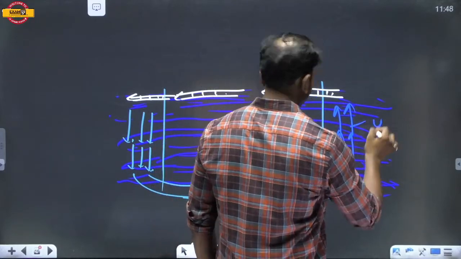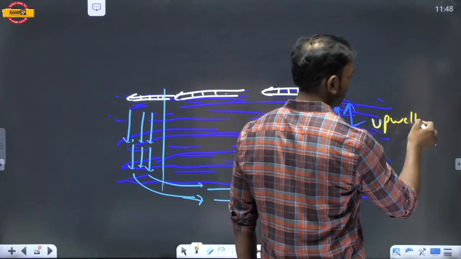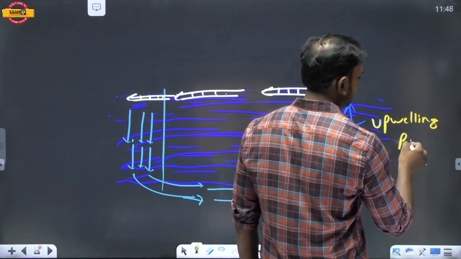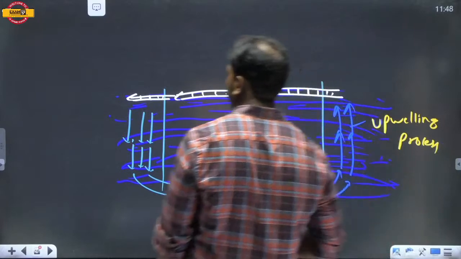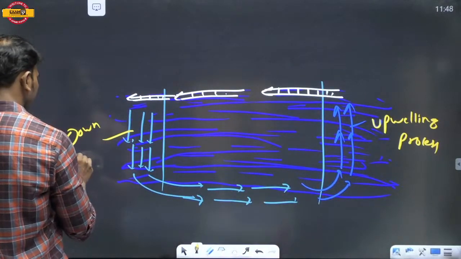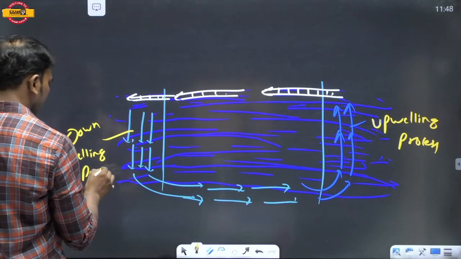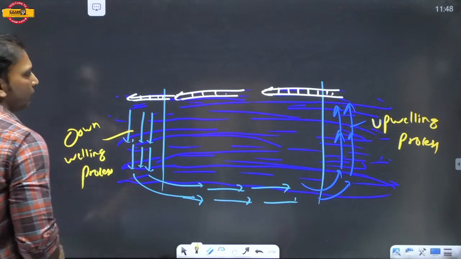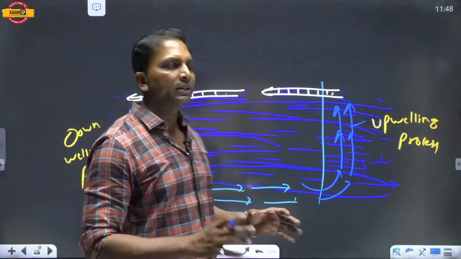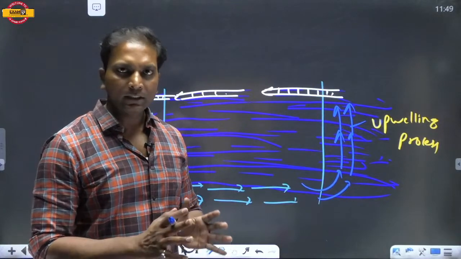So this side is the upwelling process, and here it is the downwelling process. It happens because of the differences of density.